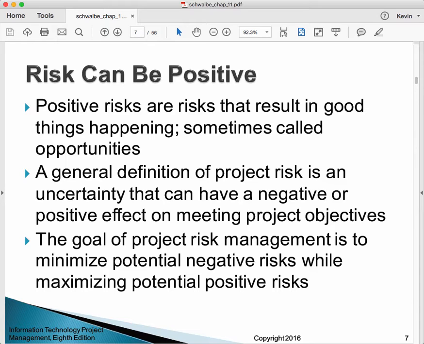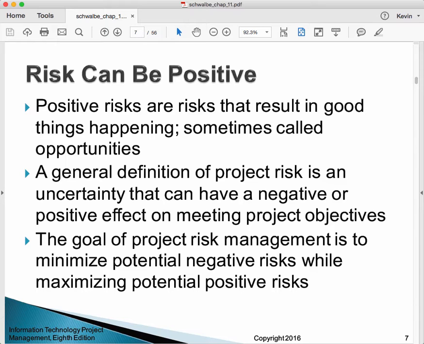And what I really like about this is this makes this practice area twice as big as you would ordinarily think it would be. Okay? You would think that it's all about keeping bad things from happening. And it is about that. But that's only about half of it.